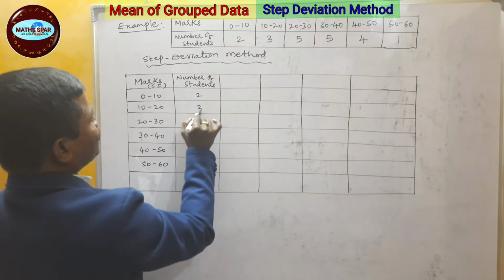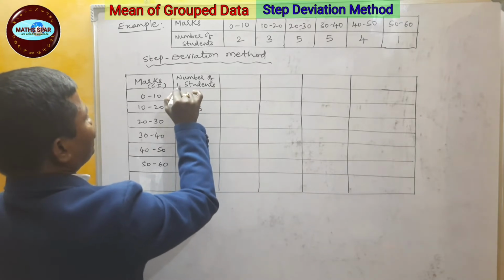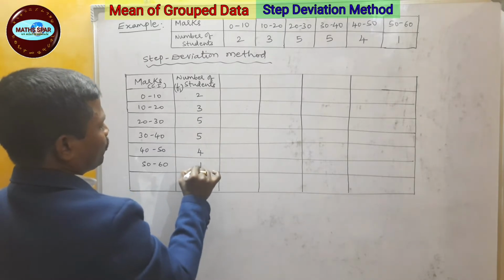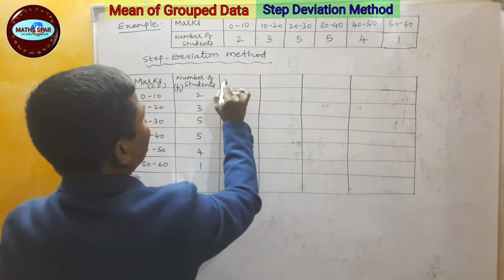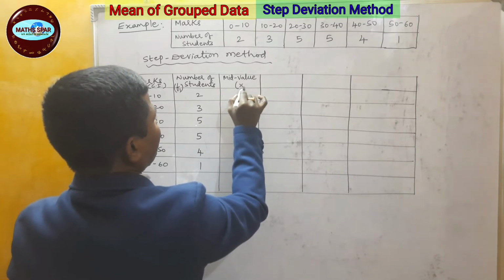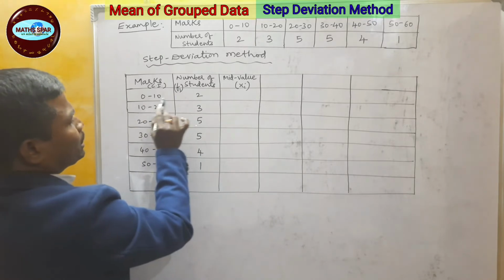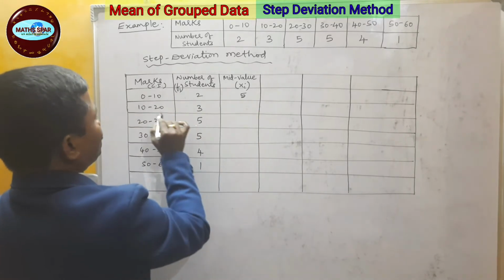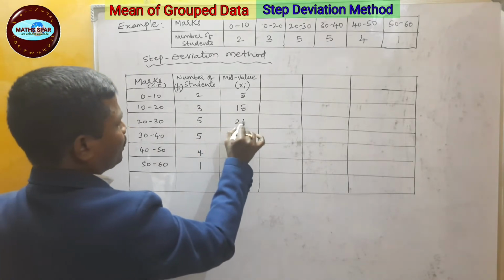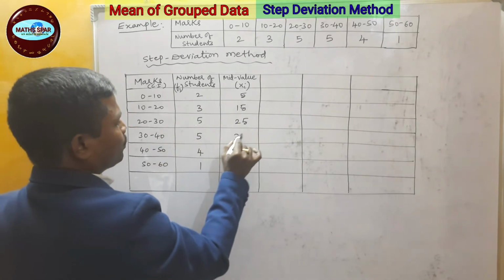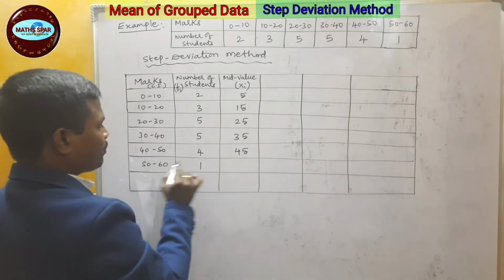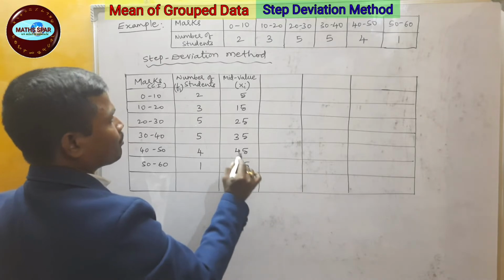Then frequencies fi: 2, 3, 5, 5, 4, 1. Then you need to find the mid value, which plays a very important role here: 0 plus 10 by 2 is 5, 10 plus 20 by 2 is 15, 20 plus 30 by 2 is 25, 30 plus 40 by 2 is 35, 40 plus 50 by 2 is 45, 50 plus 60 by 2 is 55.